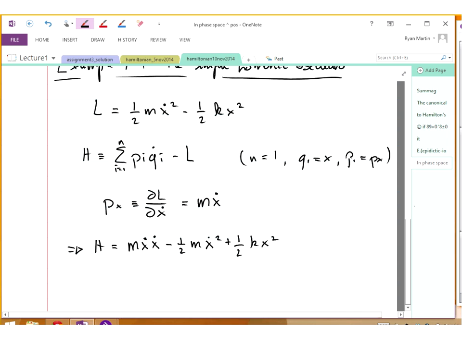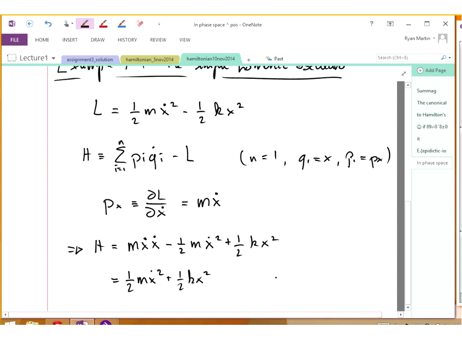Then I have m x dot squared minus a half m x dot squared. That leaves me with a half m x dot squared plus a half k x squared.